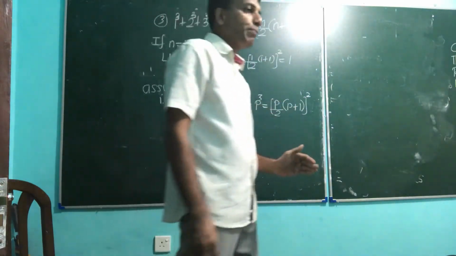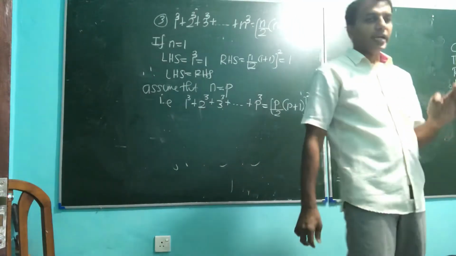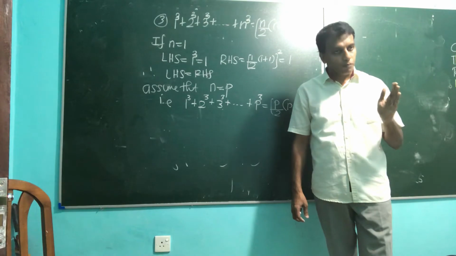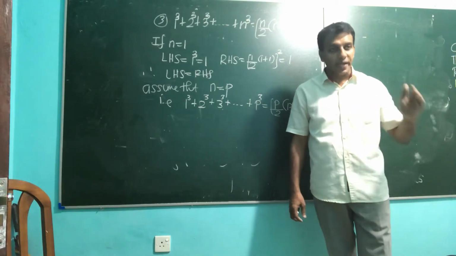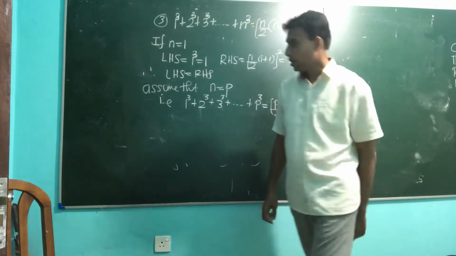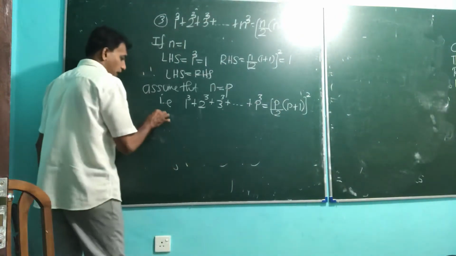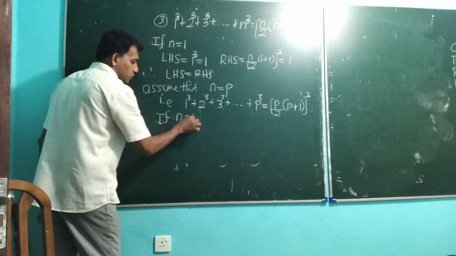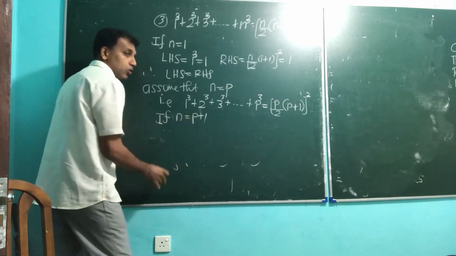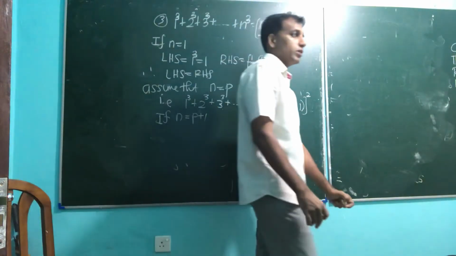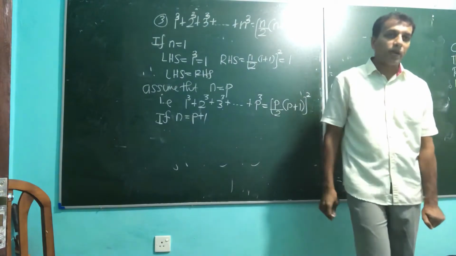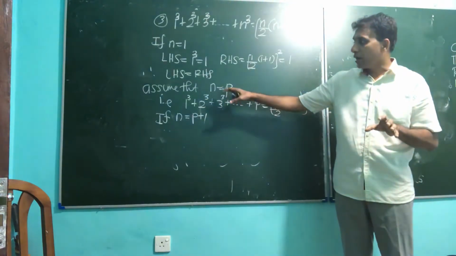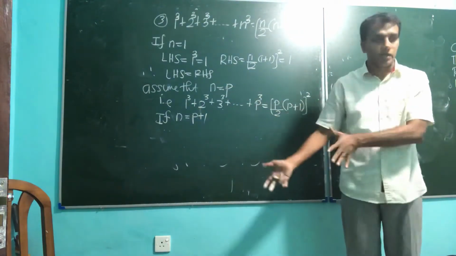Now only the major part of the induction method, you have to prove that the next number p plus 1. So write next, if n equal p plus 1, if n equal p plus 1, that means write all the terms at n equal p and the next term.